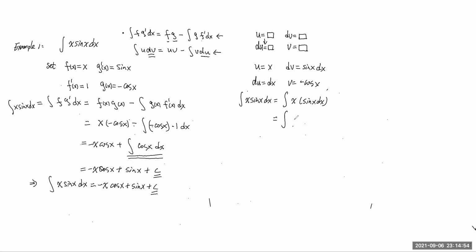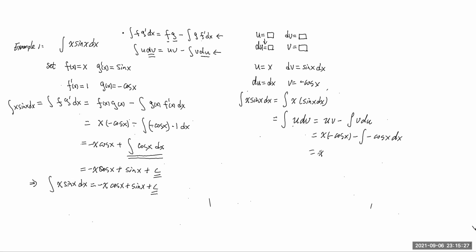By our setting, this is u dv, and by integration by parts, this is uv minus the integral of v du. u is x, v is negative cosine x, minus v is negative cosine x, and du is dx.